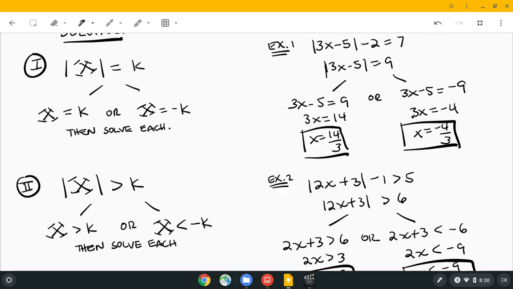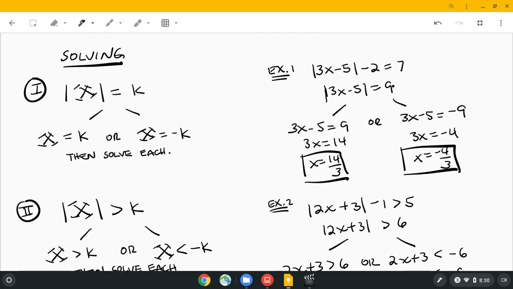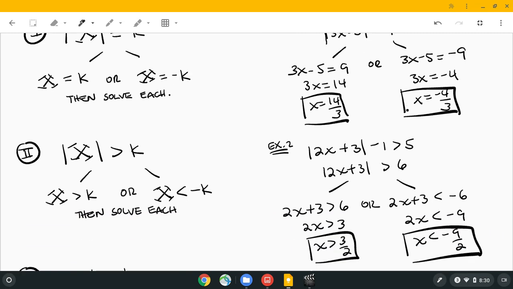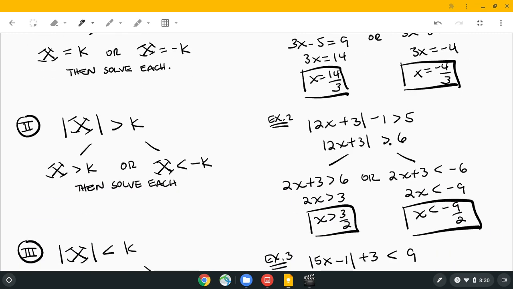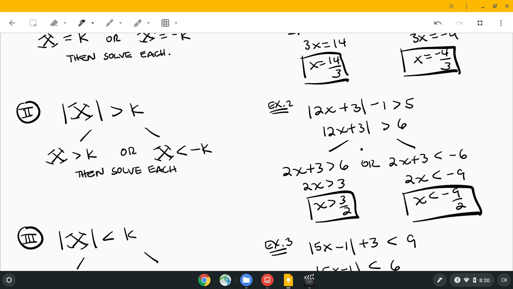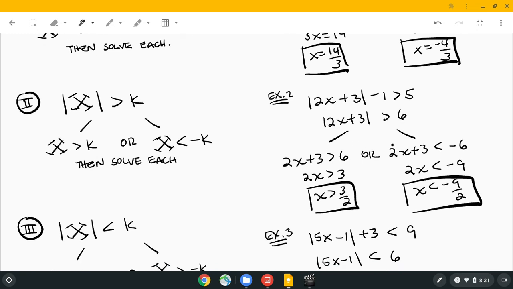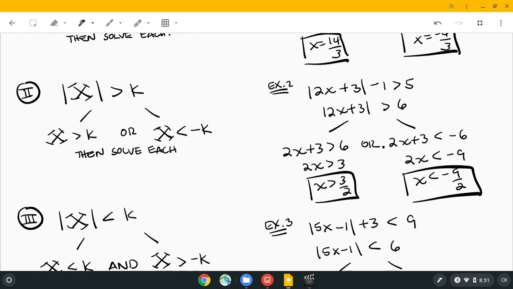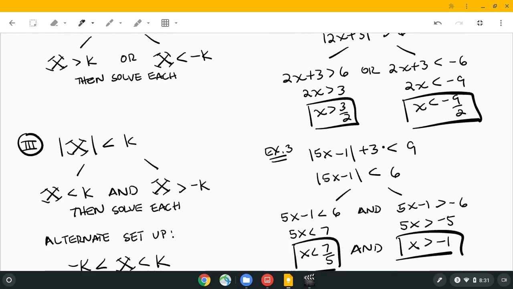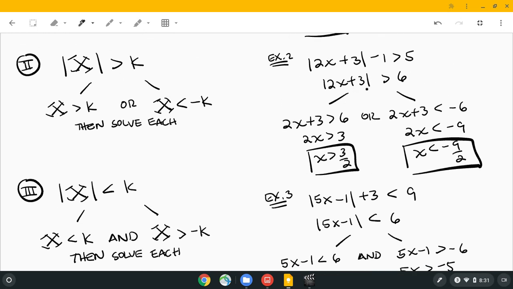Okay, so if you have absolute value equal to a negative, no solution. Absolute value greater than negative, okay, if it said greater than negative 6, that's always going to happen. So your solution is all real numbers, right? Any real number you put in there, the absolute value is going to be bigger than negative 6.